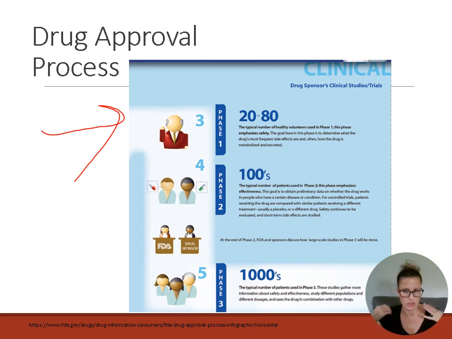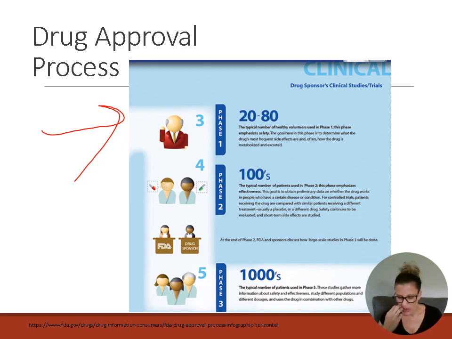These are normal, healthy individuals that don't have the disease. And the idea here is just to show safety. That's it. It's just to show this drug can be taken by humans and it's not going to cause any huge problems to the people. Like, people can safely take this drug.